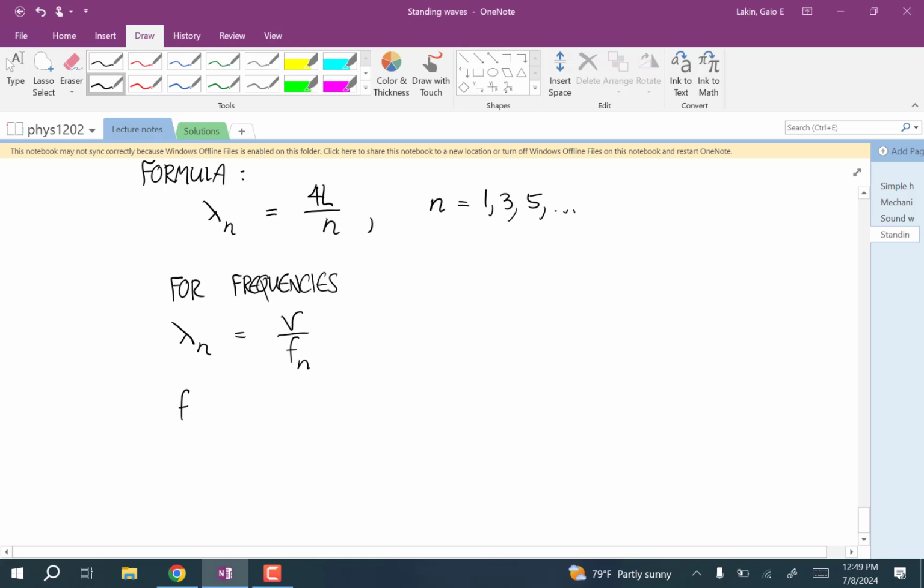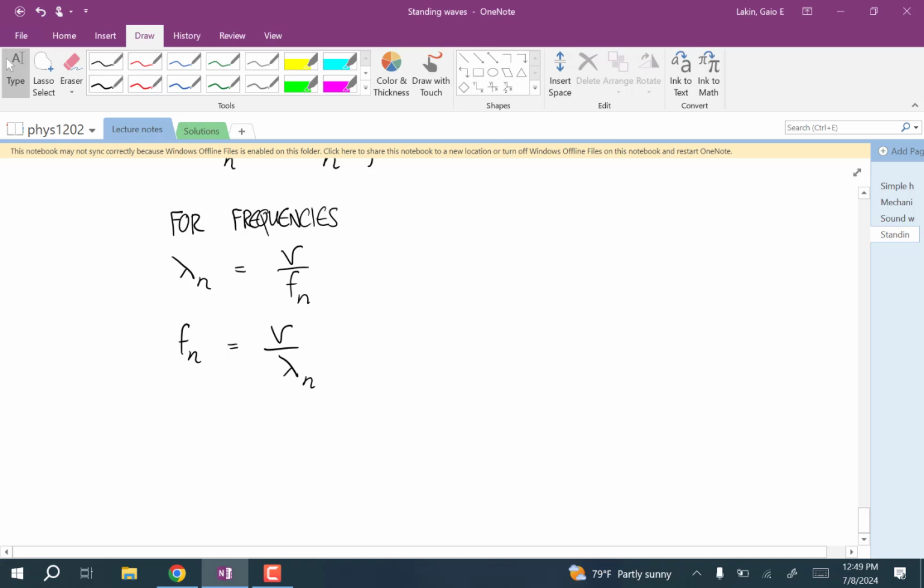And so the frequency is equal to the wave speed over the wavelength. If we're talking about air, then the wave speed is just somewhere right around 343 meters per second. You could calculate that using the formula that we talked about a couple classes ago, if you had any reason to believe that it was different from 343.